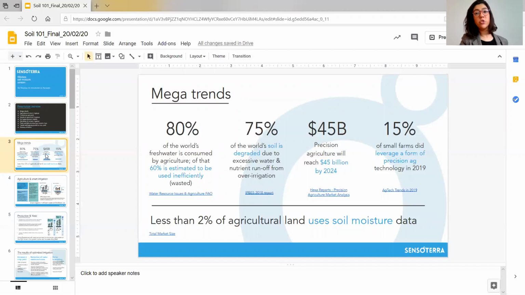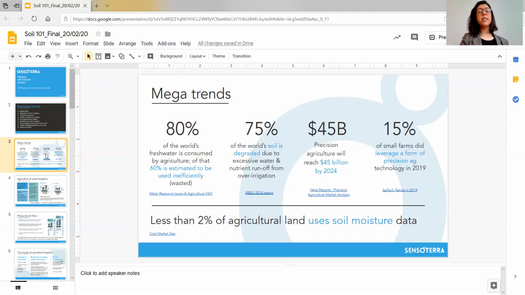Meanwhile, precision agriculture will reach $45 billion by 2024, and 15% of small farms did leverage a form of precision agriculture technology in 2019.